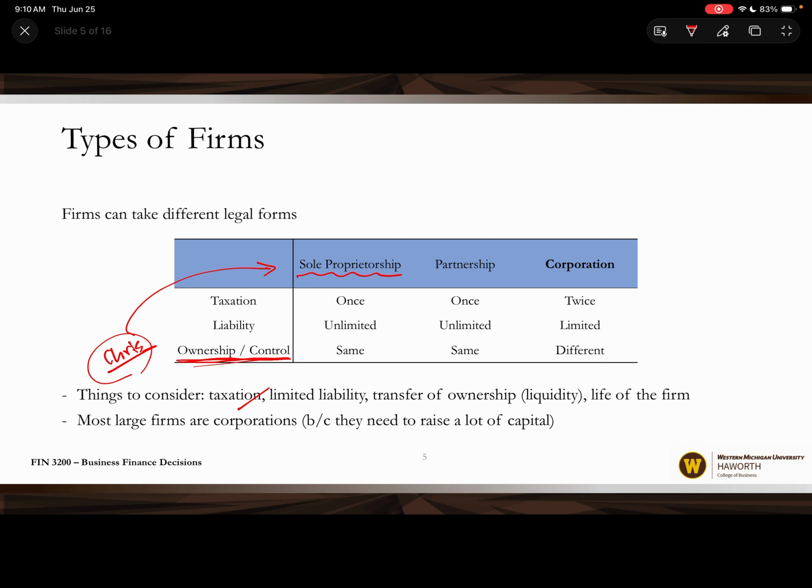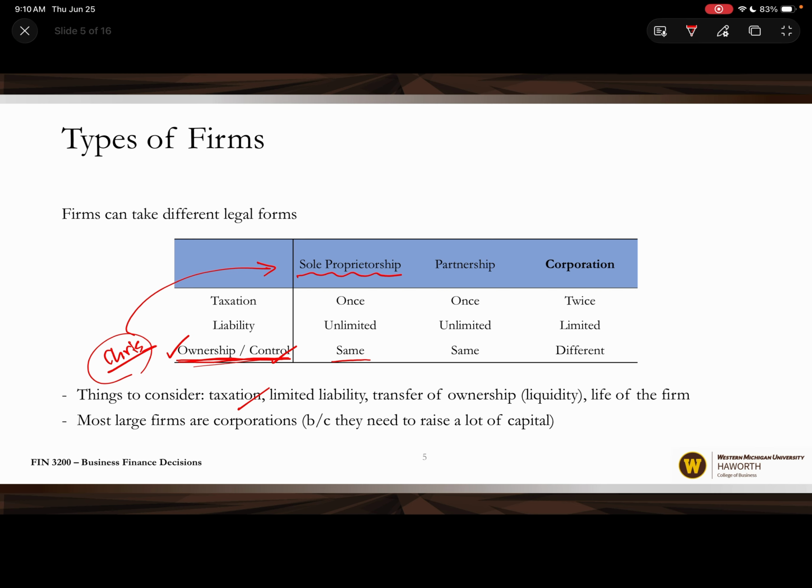The point here is Chris owns his barbershop, so the ownership belongs to Chris, and he controls the barbershop as well. He runs the day-to-day business. So whoever owns a firm is also running the business. Ownership and control are the same.